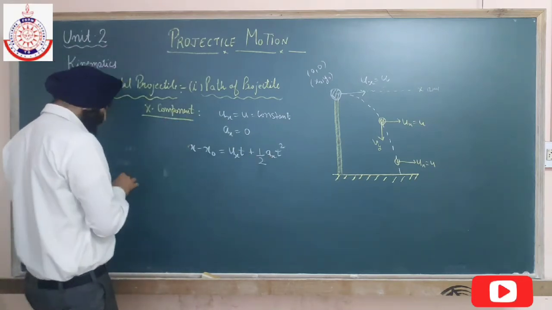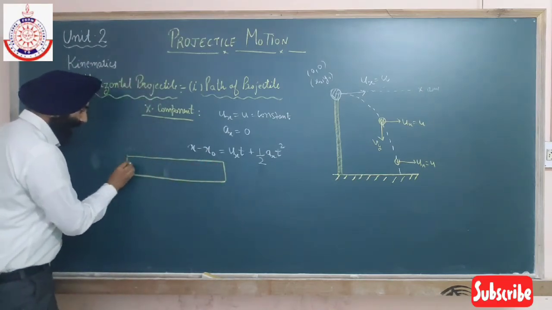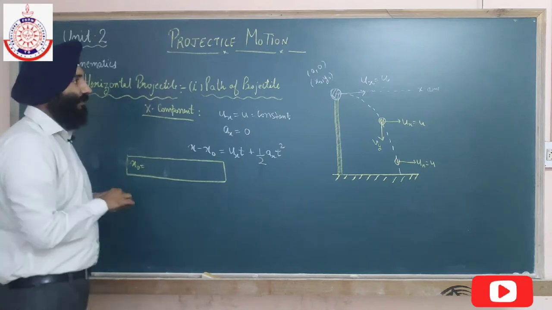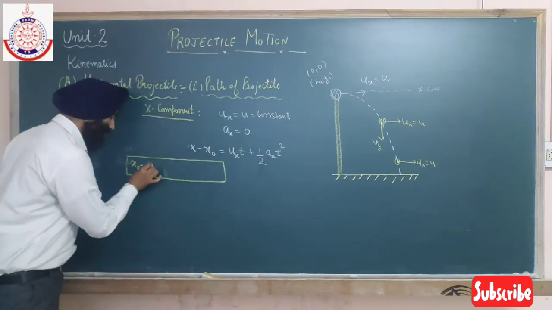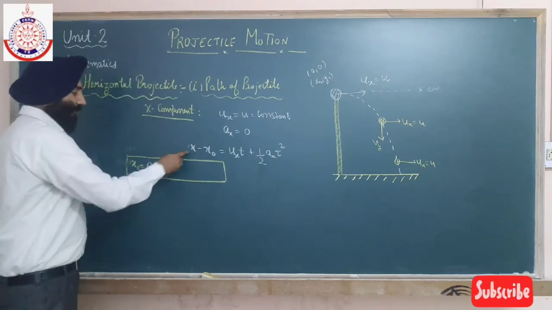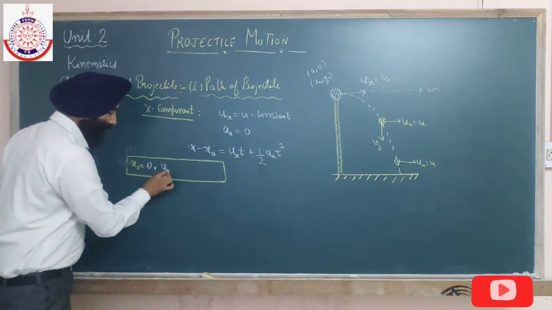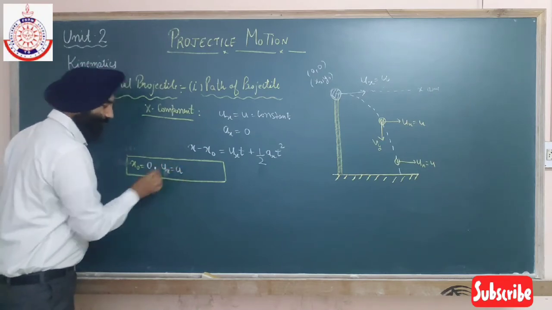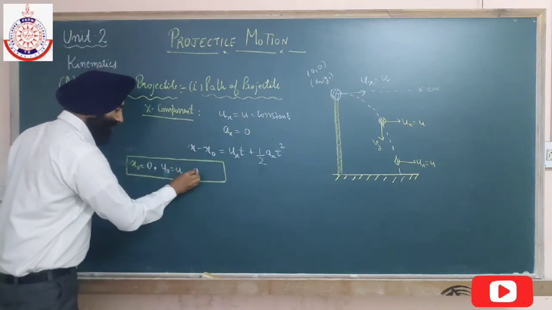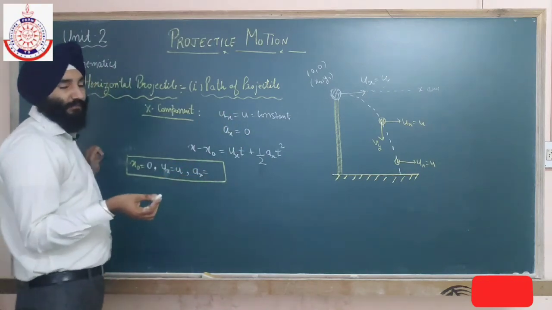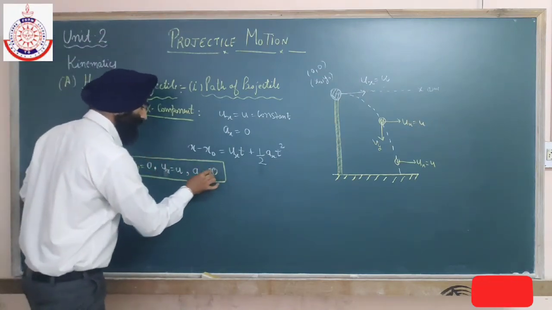So conditions are: x naught, I am starting from 0. This is the initial position, suppose 0. So I am starting initially from 0. Final position, suppose x only. Initial velocity ux is again u. Acceleration along the x-axis: there is no change in velocity, so acceleration along the x-axis is 0.